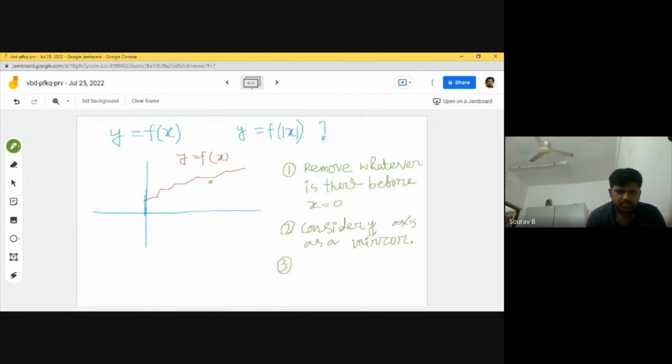Take the image of whatever is in the right of this y-axis.